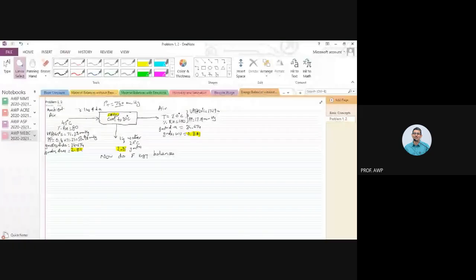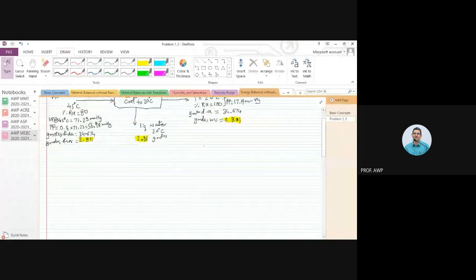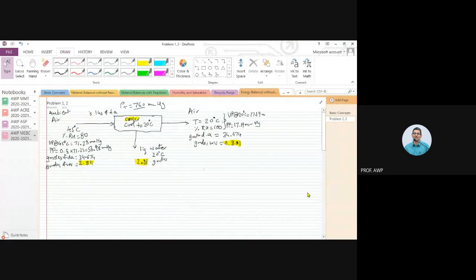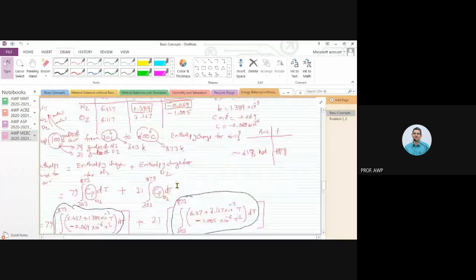Okay. So do you recall, I'm going to show you another method. Now, are you able to see the screen? Yes, sir. So I'm going to tell you some other way of doing this problem. Do you remember our discussion on potential energy?